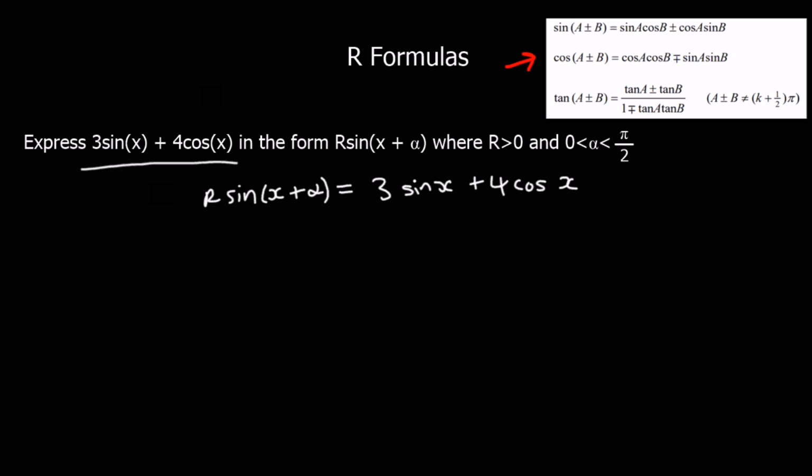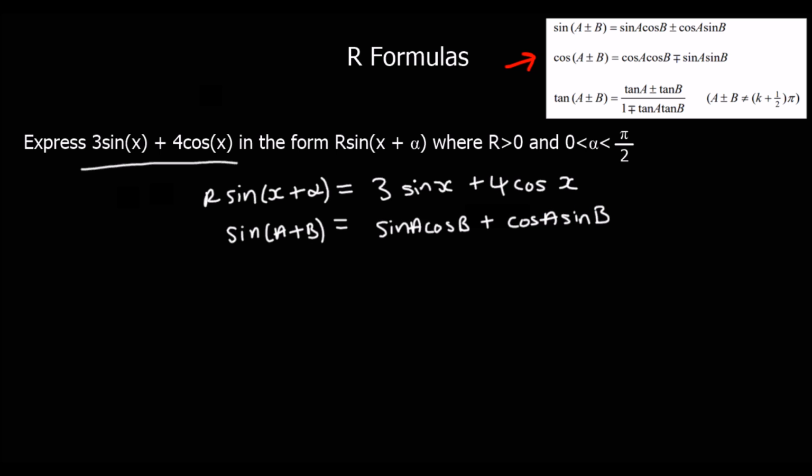And then we need to pick which of the addition formulas we're using. So it's sine plus. So the sine plus formula is sin(a plus b), which is sin a cos b plus cos a sin b.